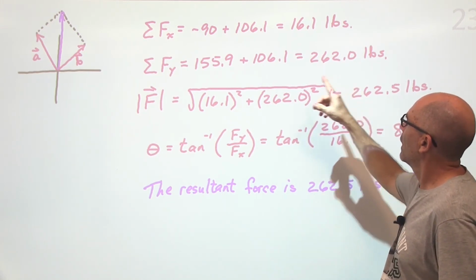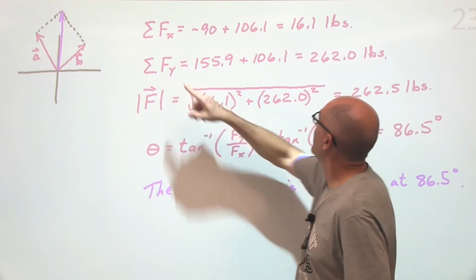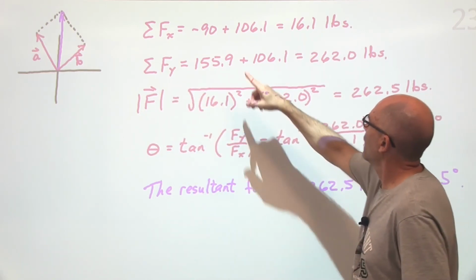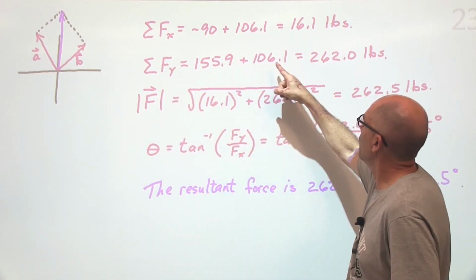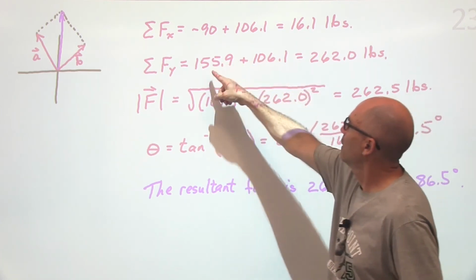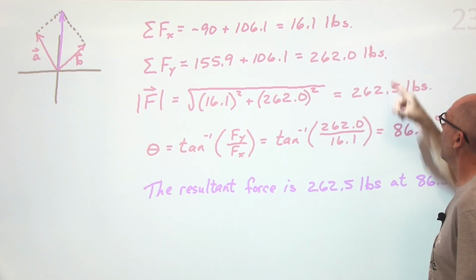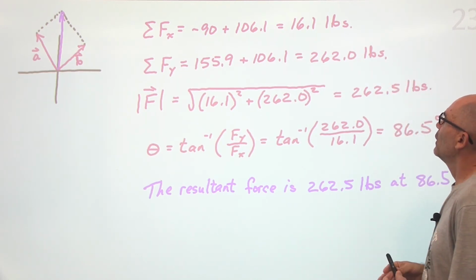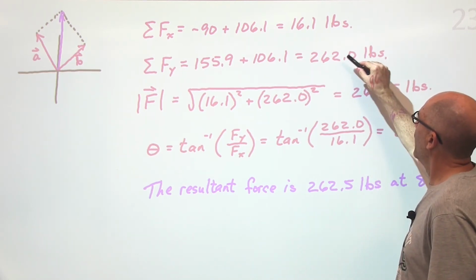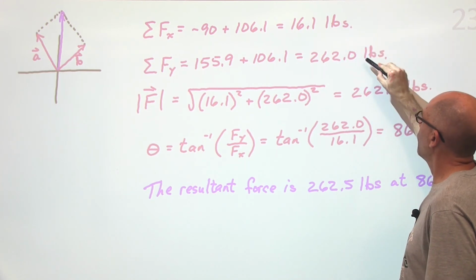Now, the sum of the forces in the y direction are going to be 155.9 plus 106.1, and I get 262.0 pounds. So there's my x force, my y force.